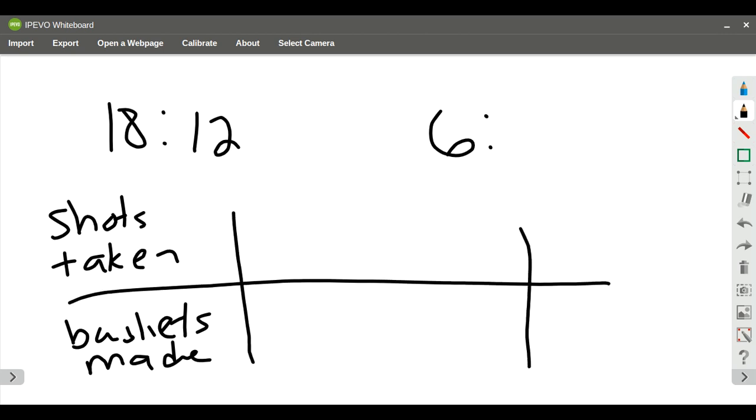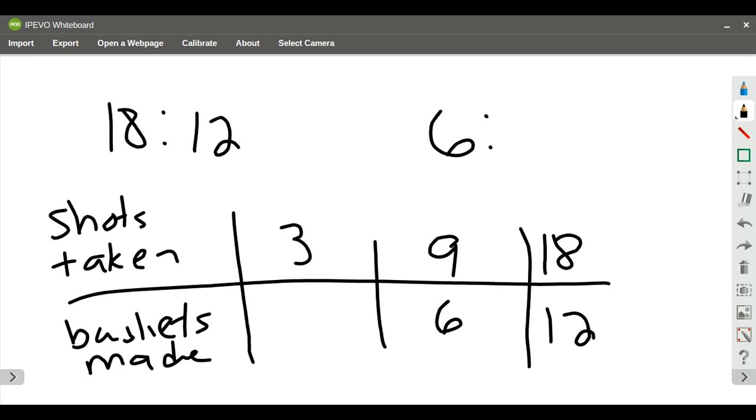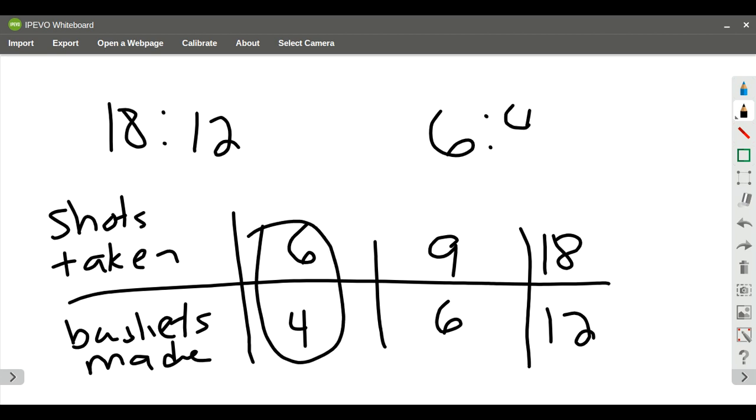So if she took 18 shots, she made 12. Instead of multiplying this time, I'm going to divide. If I divide both by 2, I'm going to end up with 9 and 6. And then if I divide 18 by 3, I'm going to get 6, and 12 divided by 3, I'm going to get 4. So the equivalent ratio is going to be 6 to 4.